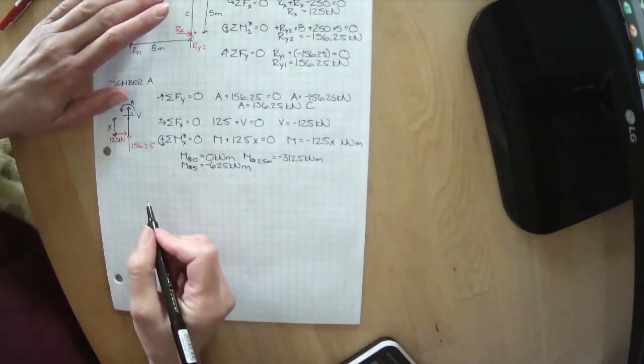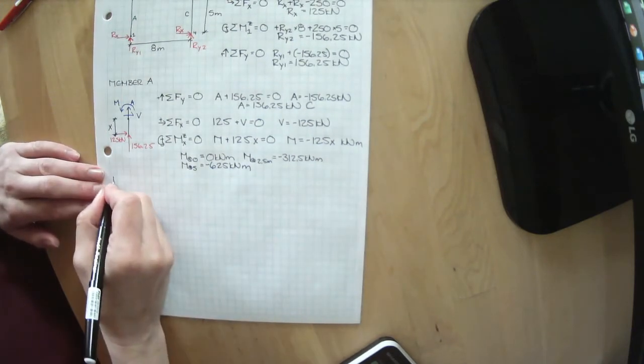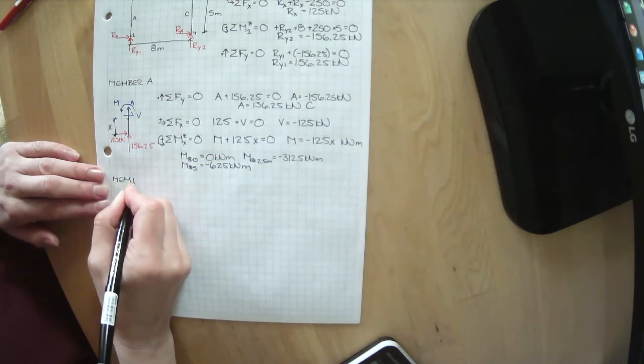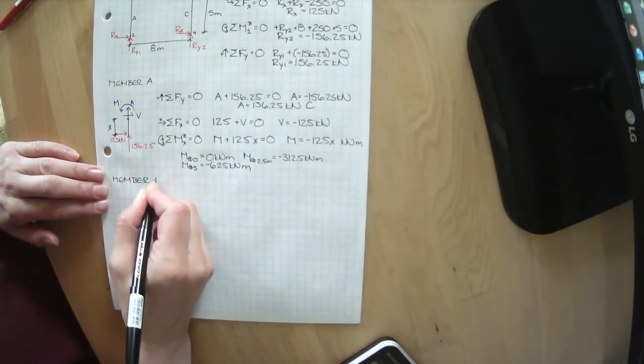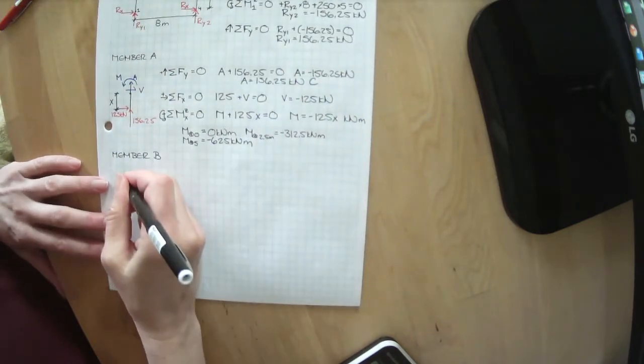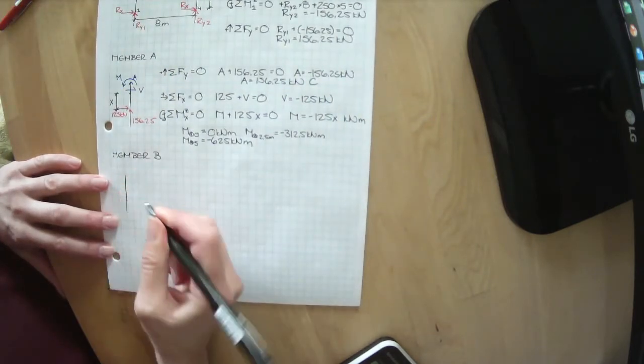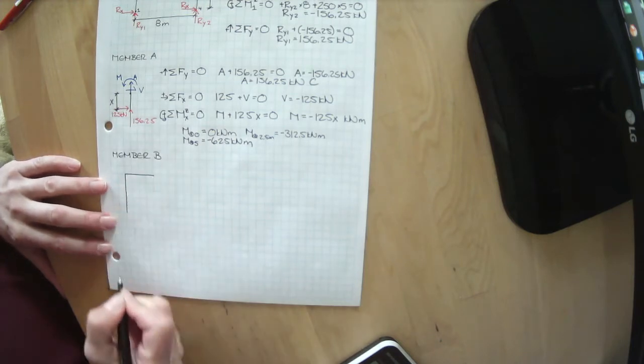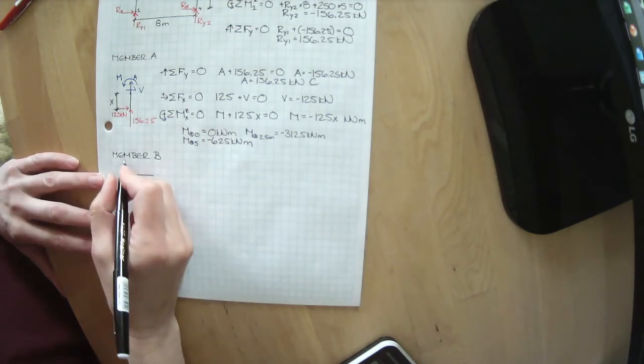So let's make a cut in member B now. So let's make a cut through here. So I'm going to draw my frame like this.